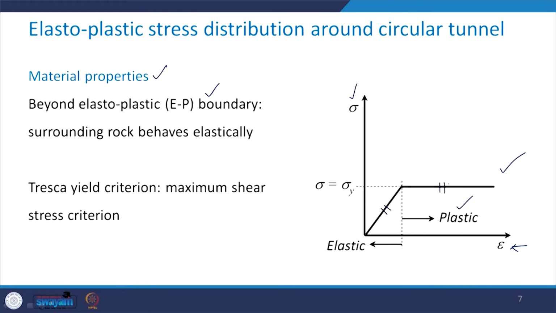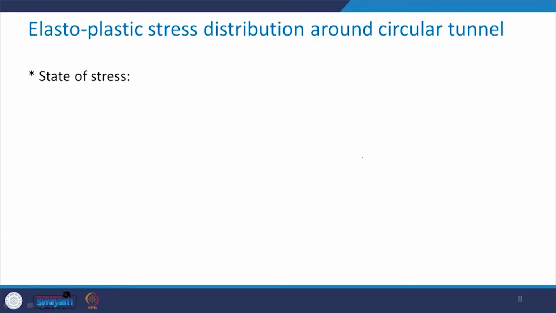and this is how the stress strain relationship will be represented. So, here you get the maximum stress, which is the yield stress, and it is represented by sigma equal to sigma y. So, what is the state of stress in this case? Let us see that.